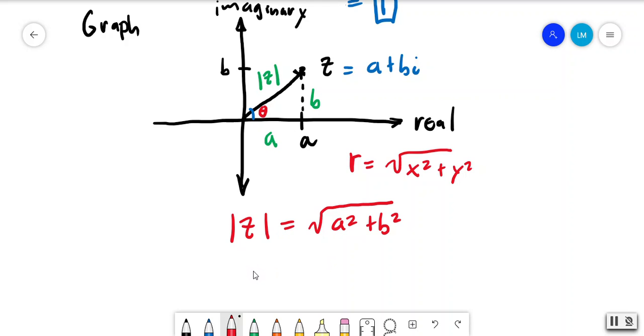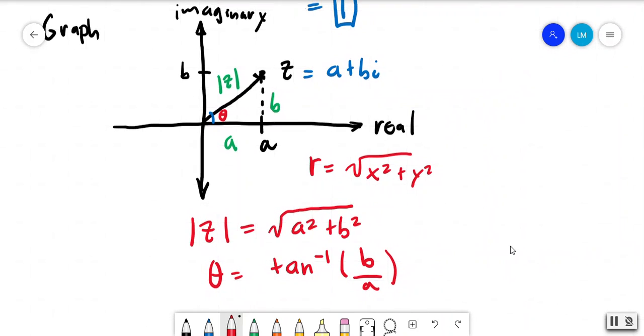Now, the only thing though is, how do you find theta? Well, theta is just taking tangent inverse of b over a. In this case, we need to assume that theta is from 0 to 2 pi.